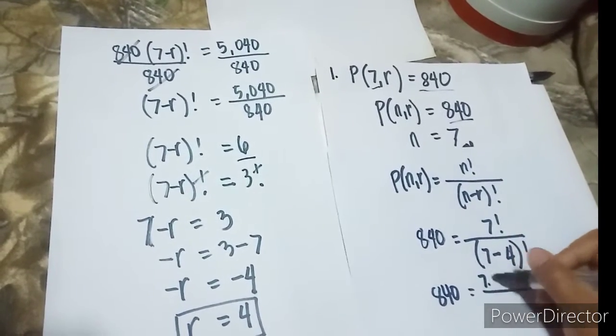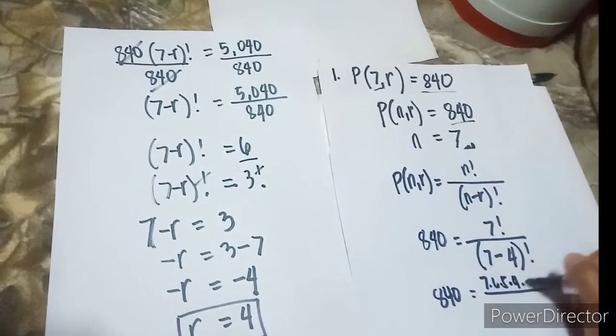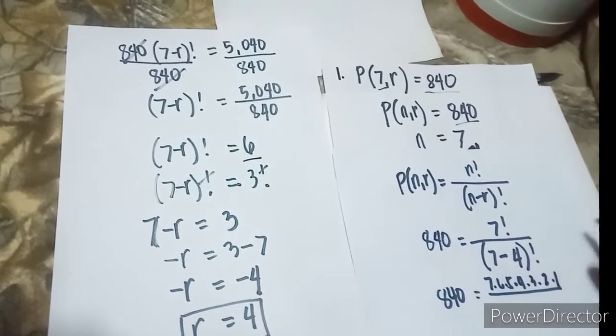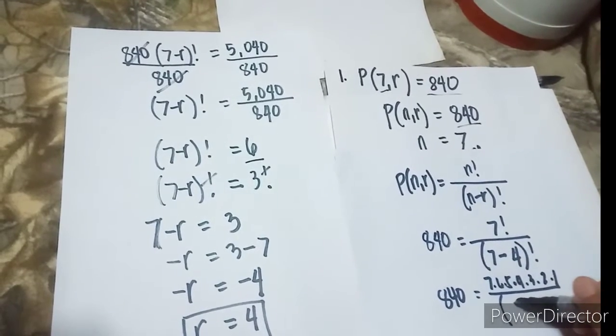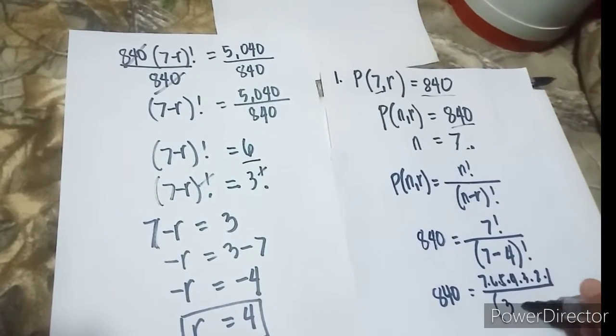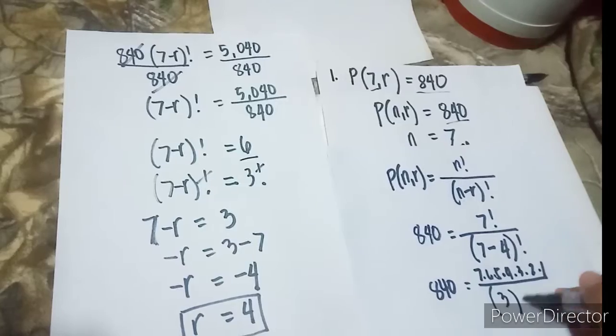So 840 is equal to 7 factorial. We have 7 times 6 times 5 times 4 times 3 times 2 times 1 over 7 minus 4, which is 3 factorial.